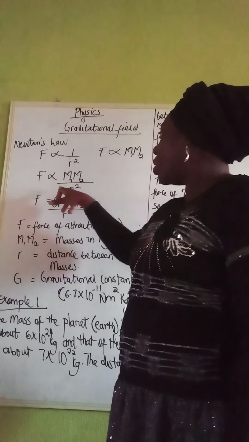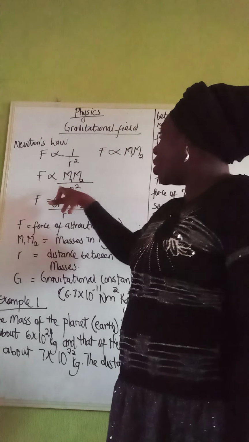Now, let's look at the first question here. The mass of the planet, this is one object, the planet Earth, is about 6 times 10 raised to power 24 kg. And that of the moon, this is another object, is about 7 times 10 raised to power 22 kg.